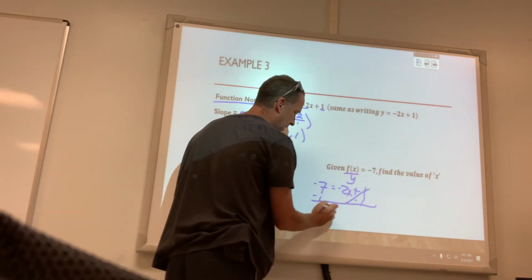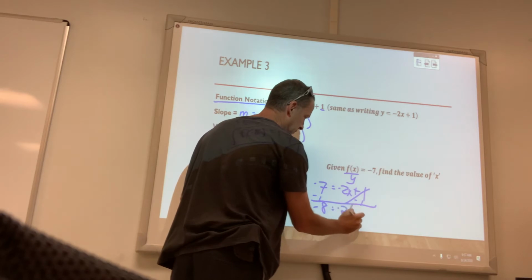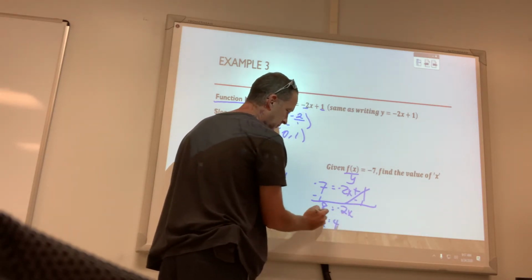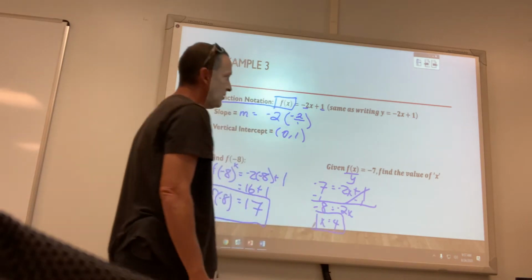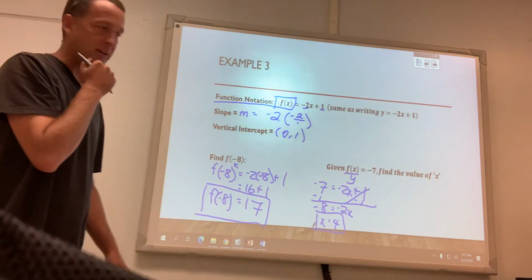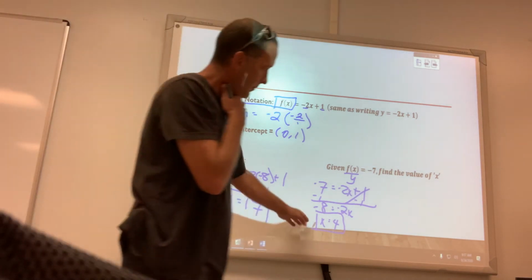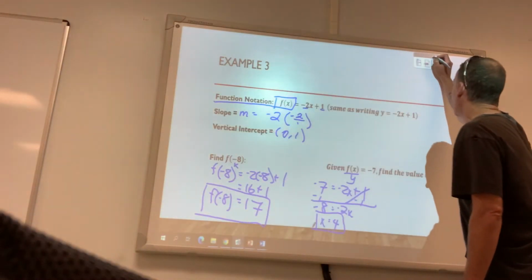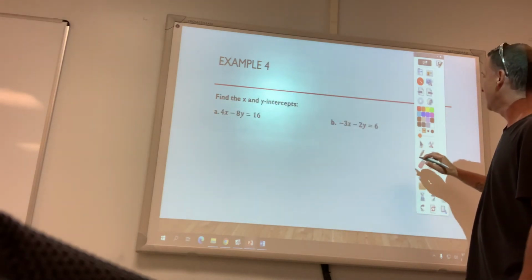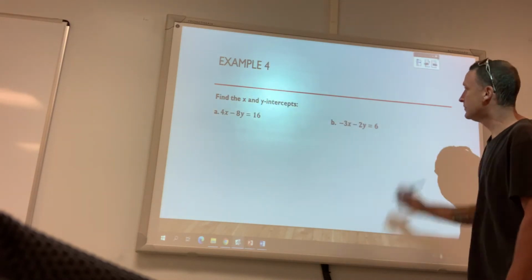Subtract 1 from both sides. Divide both sides by -2. And you'll get x equals 4. I did skip the last step, but I figured you guys knew that anyways. So still pretty simple to start. Don't worry, it'll get more challenging for you all that want a challenge.